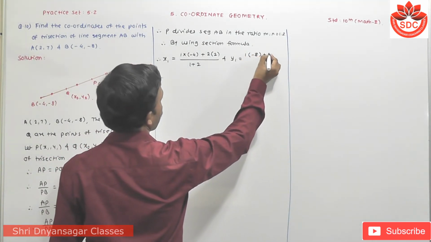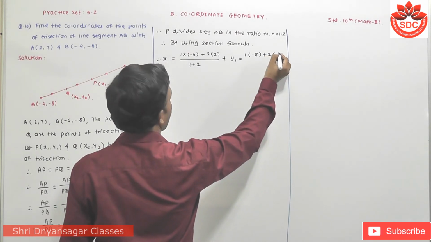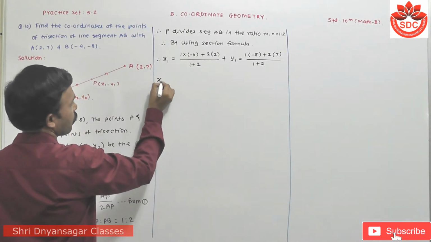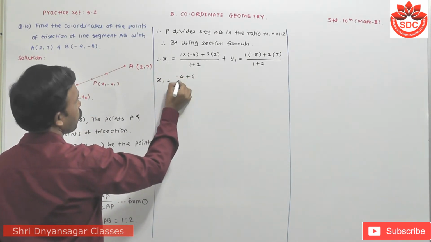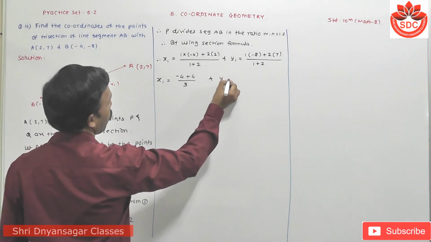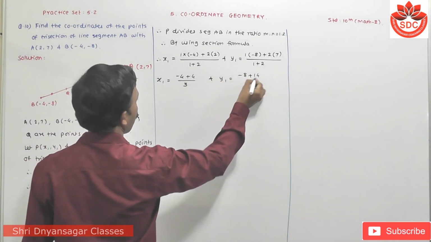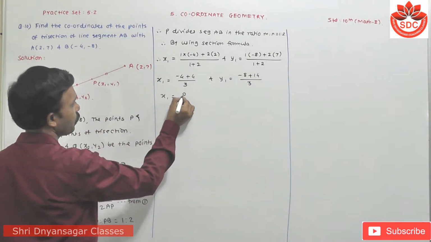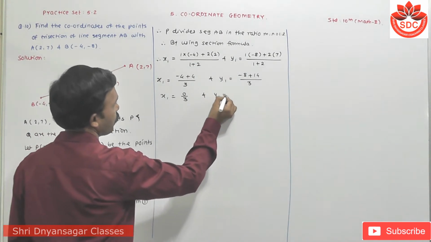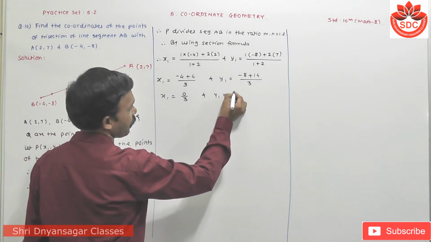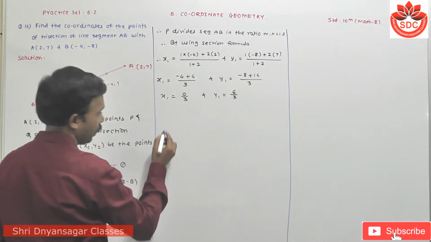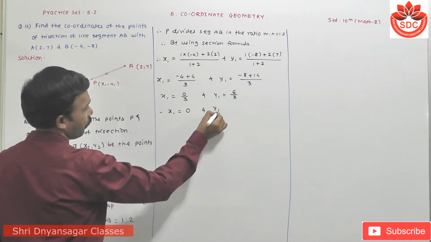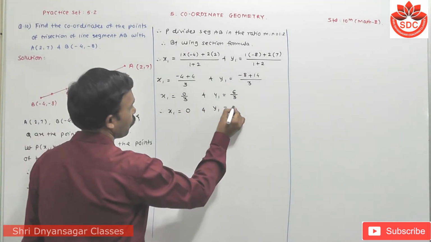Look carefully, plus n is 2 into y1 is 7, upon 1 plus 2. Then students, x1 is equal to -4 plus 4 upon 3 and y1 is equal to -8 plus 14 upon 3. This is x1 is equal to 0 upon 3 and y1 is equal to 6 upon 3. Therefore, x1, 0 upon any number is 0, and y1 is equal to 2.